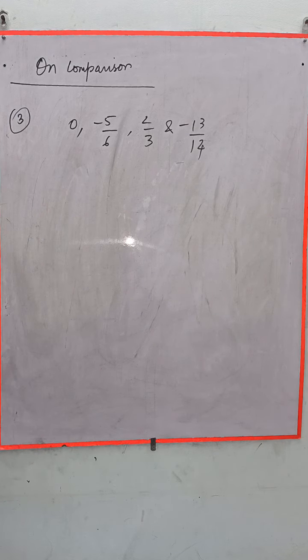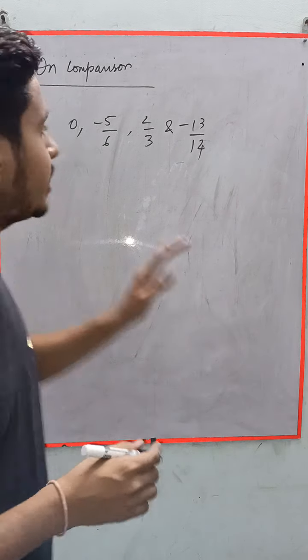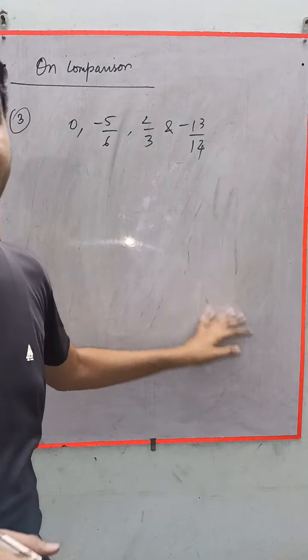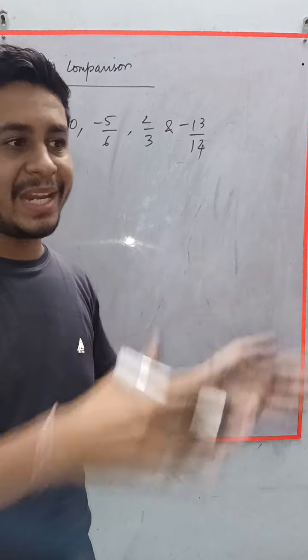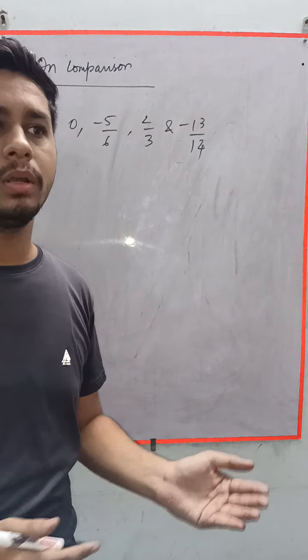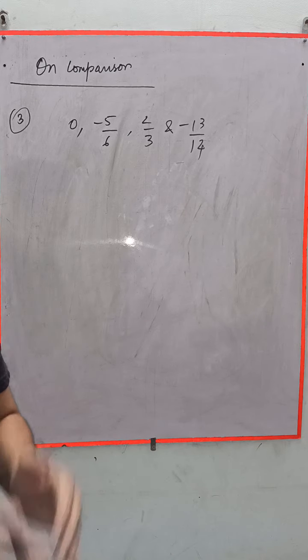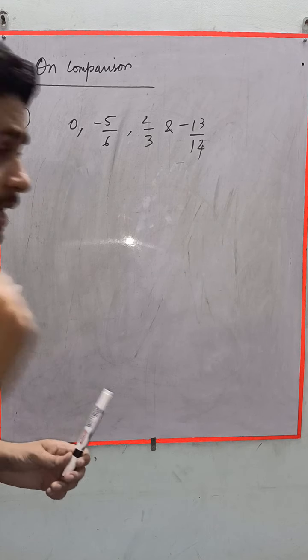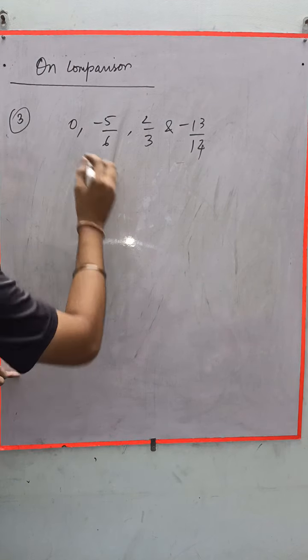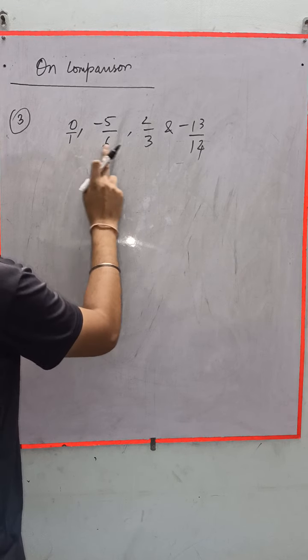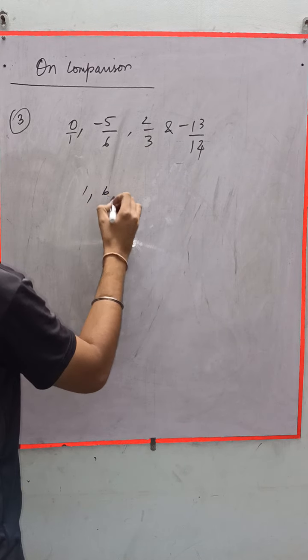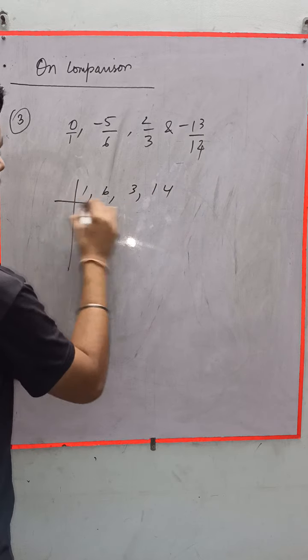So what you have to do here, I guess you have done such types of questions in lower classes where you are given fractions and you need to arrange them in ascending or descending order. You know the process, but let me recall again. Here this is 0 upon 1. So 1, 6, 3, 14, you take the LCM of 1, 6, 3, 14.